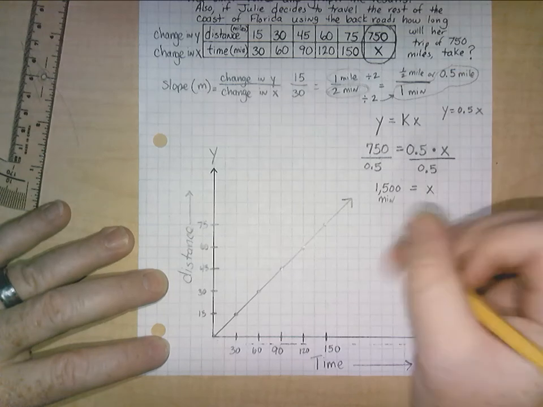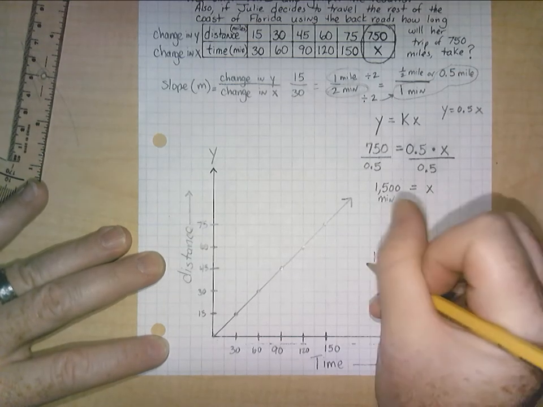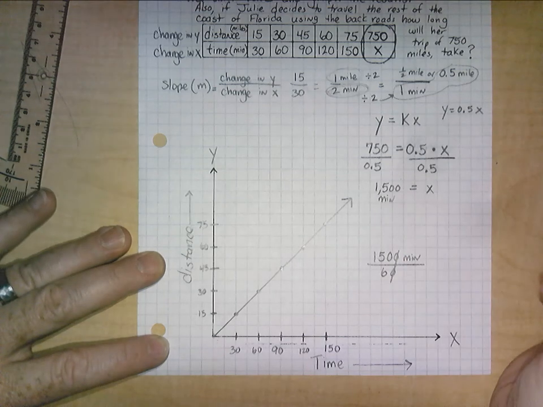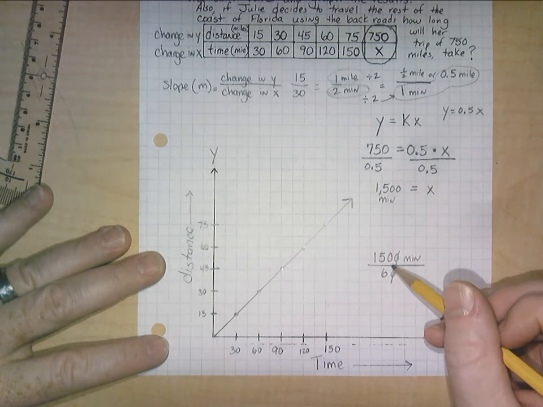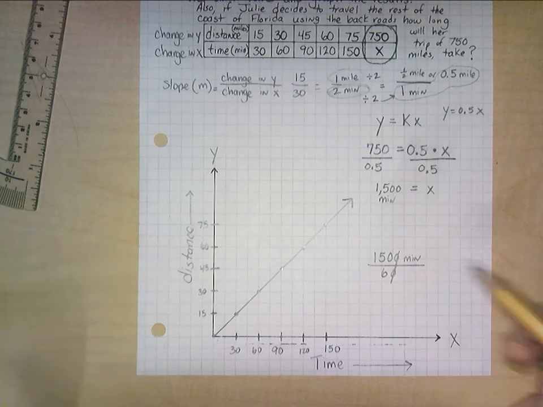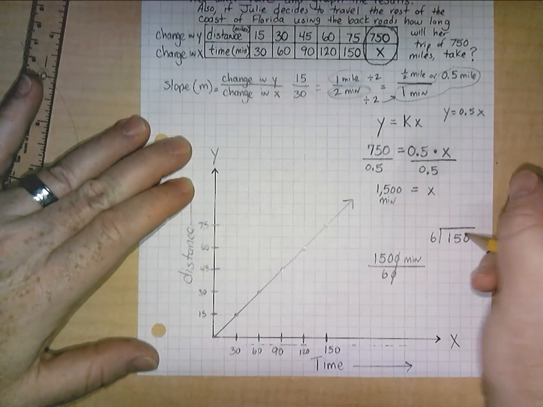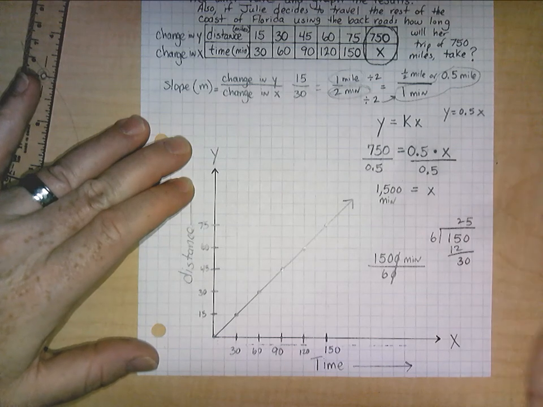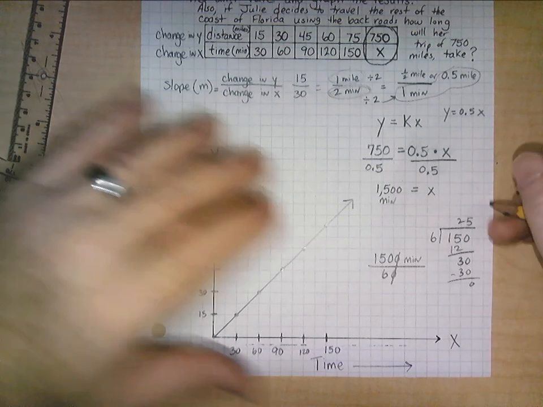So if we want to change minutes to hours, divide that by 60. Let's cancel that out. We can actually divide this by 6, can't we? Yeah, 6 goes in one fit pretty evenly. Goes in twice, 5 times. So, okay. So 25 hours.